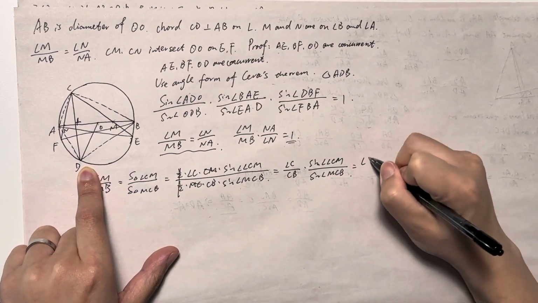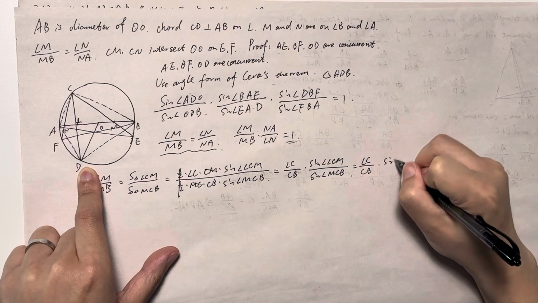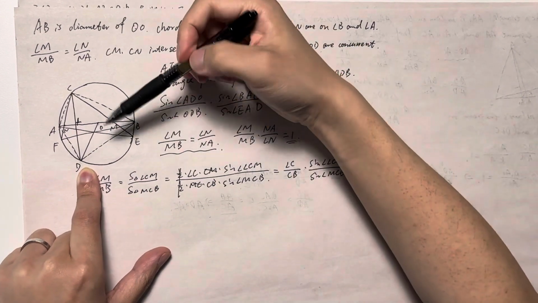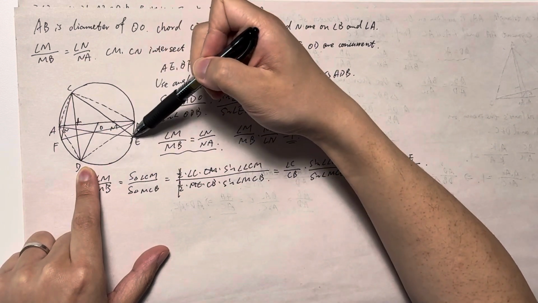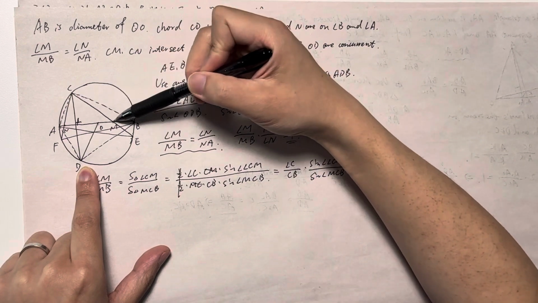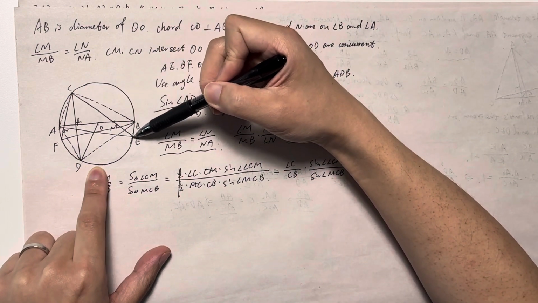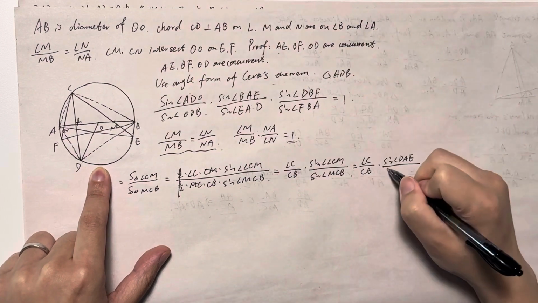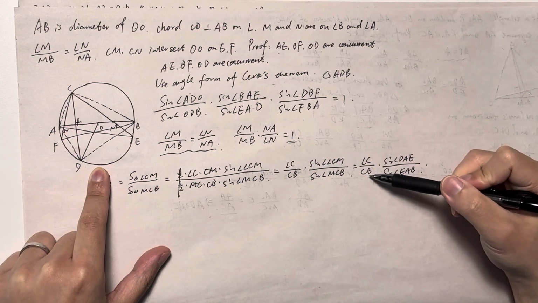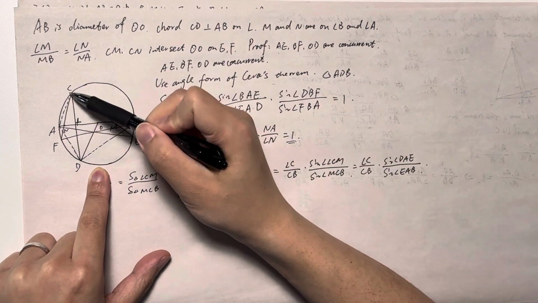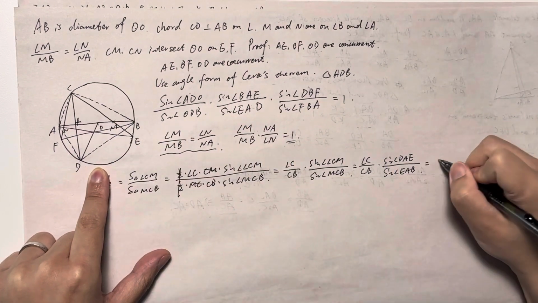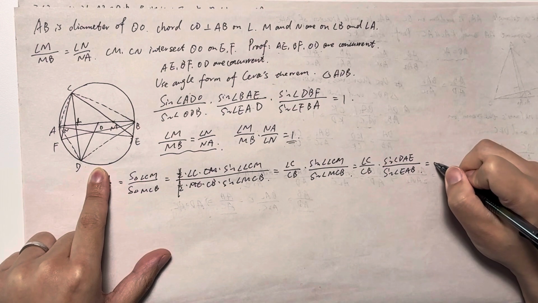And angle MCB can be rewritten as angle EAB, so sine angle EAB. LC divided by CB, that's sine angle ABC.